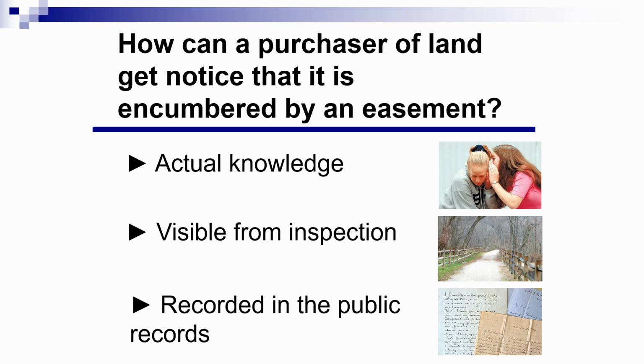Of course, everybody who buys a piece of land is expected to do a title examination in the public records first. So if the easement has been recorded, then that will tip off a person who is buying the land that the easement exists. And if they don't bother to do the examination of the public records, they are simply held to the notice they would have gotten if they had done that examination.